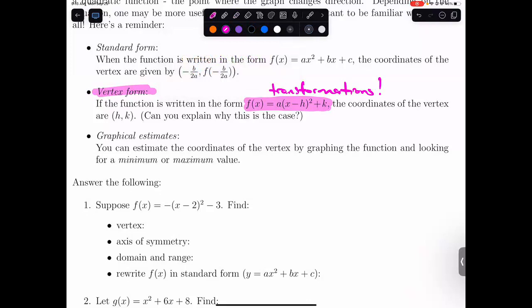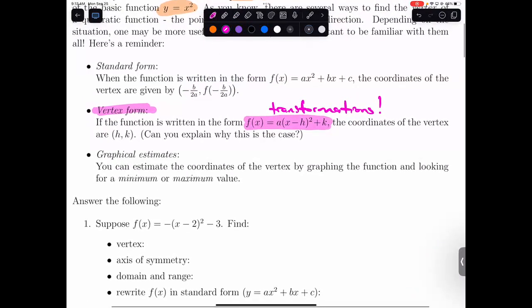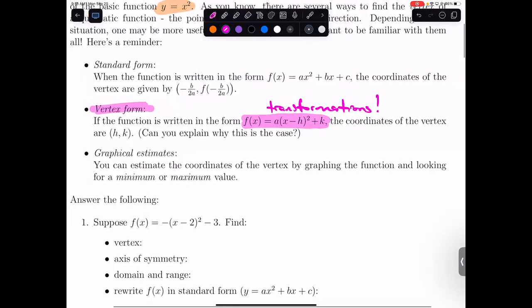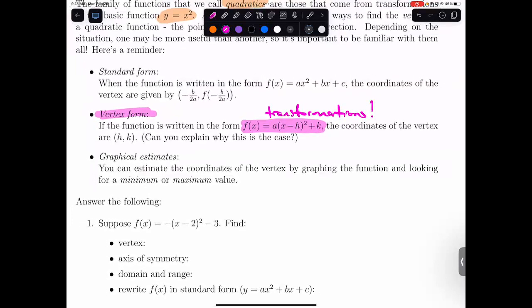There's one other common way that we'll see quadratics, and that's this standard form just above it. Standard form looks like this. Standard form, f of x is ax squared plus bx plus c. So everything just expanded, like terms combined, in descending order of the powers.